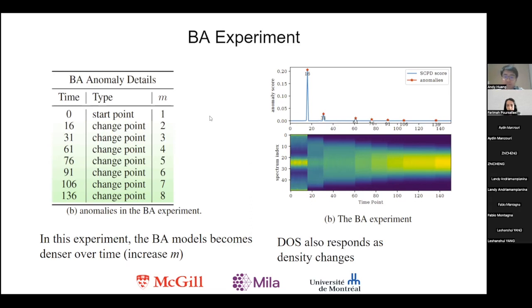When m equals 1, the graph is disconnected. When you go to m equals 2, the graph is connected. You can see that at point 16, the changes are very drastic, and then the spectrum starts to narrow into the middle part as the graph gets denser, closer and closer to a fully connected graph later on.